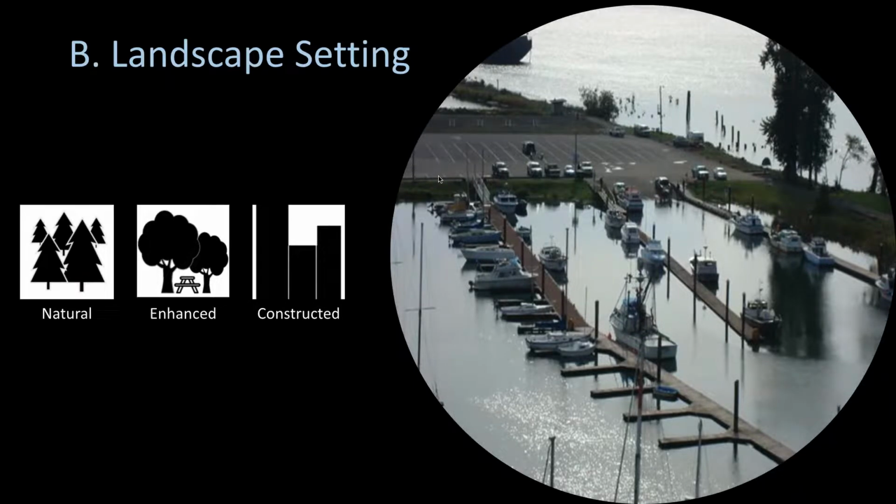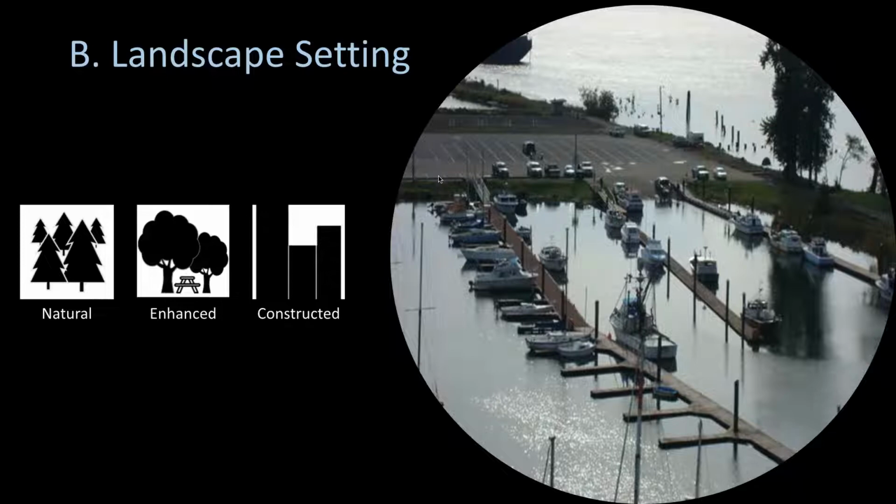The next is understanding the landscape setting, and in this image here, we're in a developed environment, an area where we're looking at a way to facilitate access for paddle sports in this constructed marina environment.